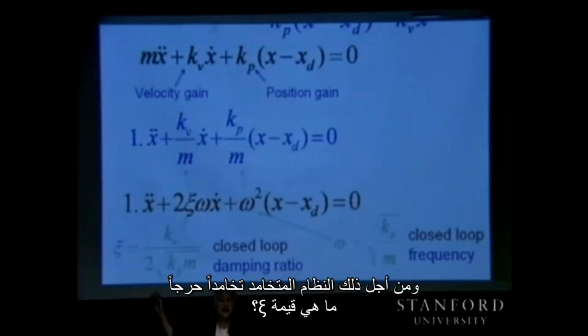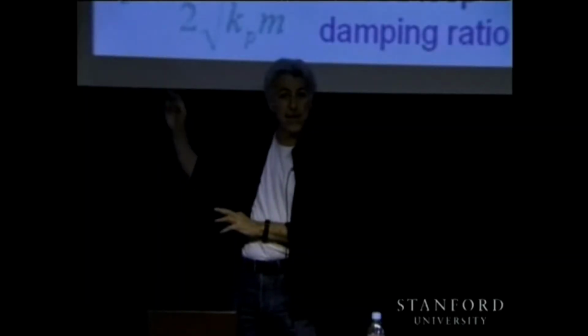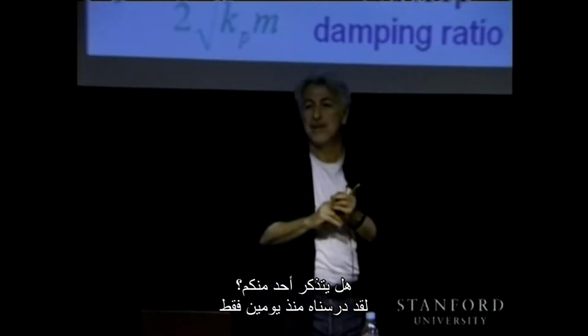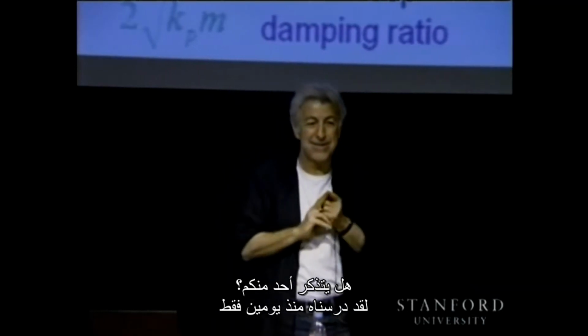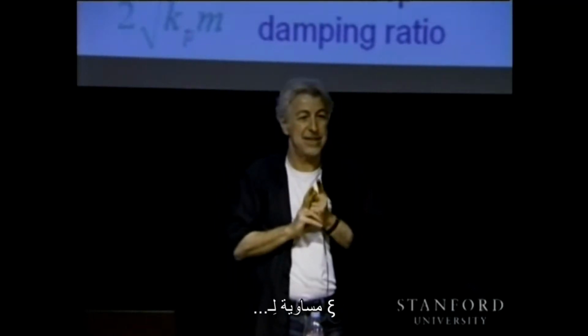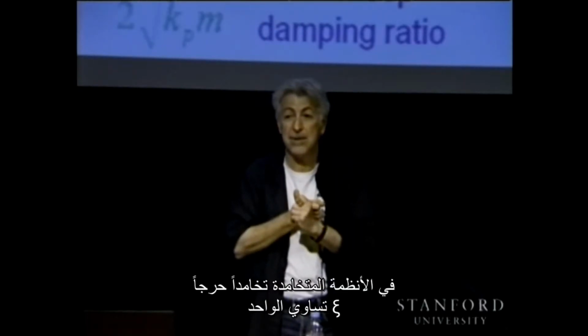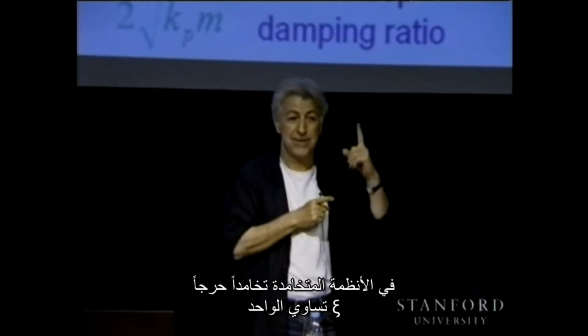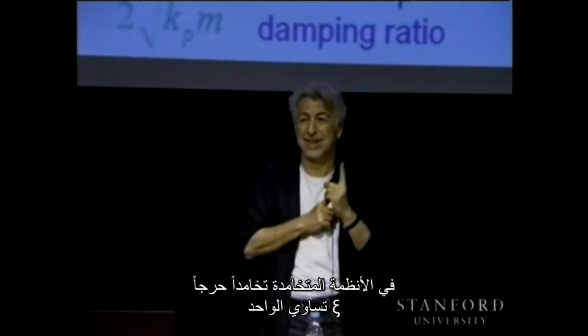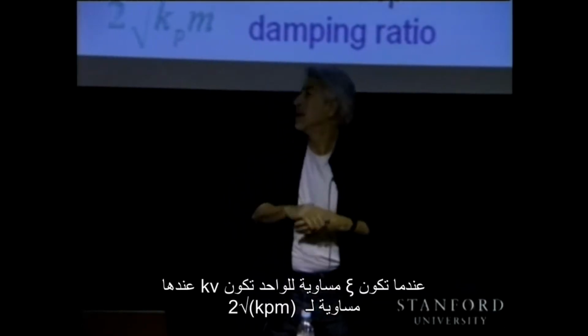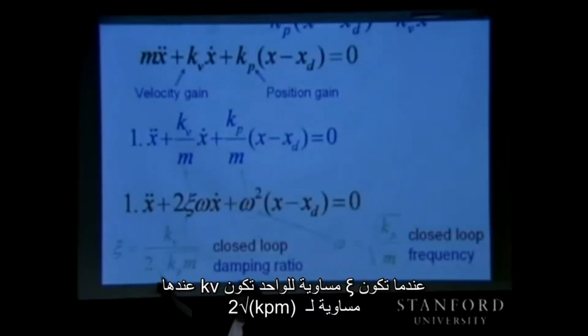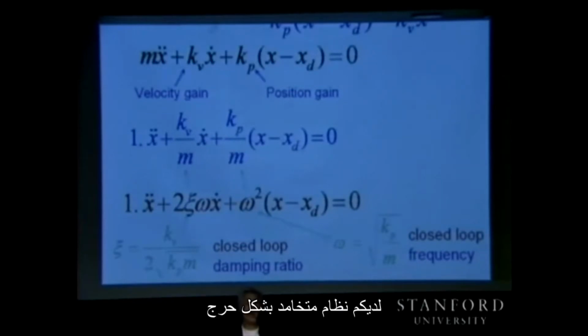And for that critically damped system, what is the value of zeta? Anyone remembers? It was only 2 days ago. For a critically damped system, zeta is equal to unity, 1. When zeta is equal to 1, that is when kv is equal to 2 square root of kp m, you have a critically damped system.